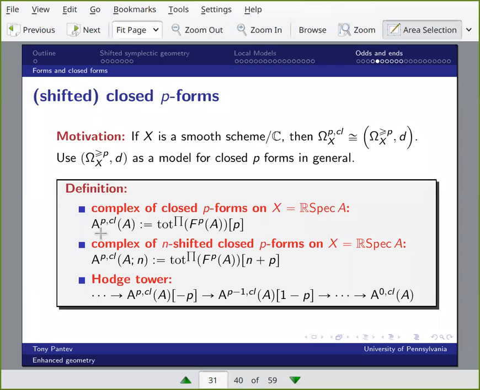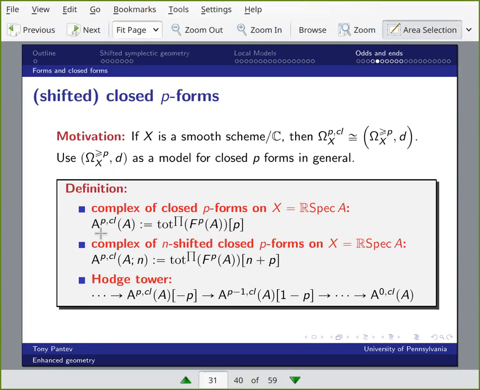So it's the total complex of this double complex where one differential is the internal differential in the cotangent complex, in its wedge powers, and the other differential is the de Rham differential. And you can also shift that complex because it's a complex now.